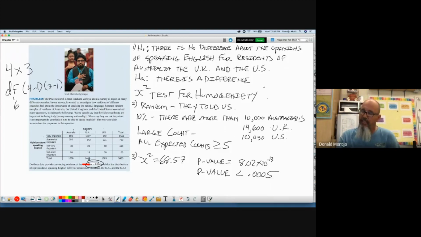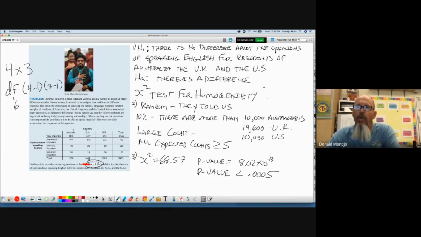Since the data is significant, we do have convincing evidence against the null in favor of the alternative. So in conclusion, we just restate the alternative because that's the one that we have evidence to support. So we'd say there is a difference about the opinions of speaking English amongst these 3 countries.